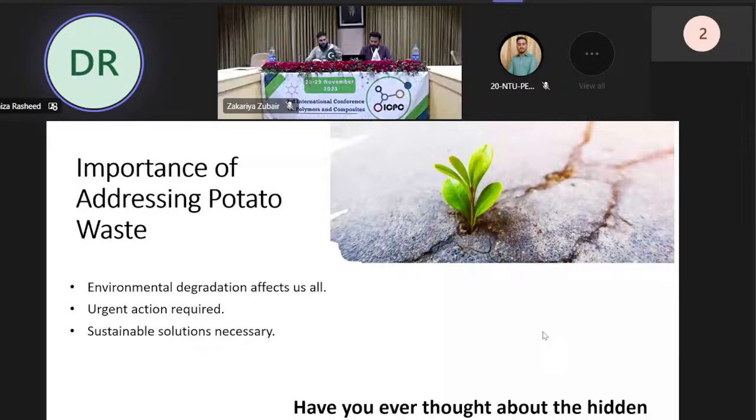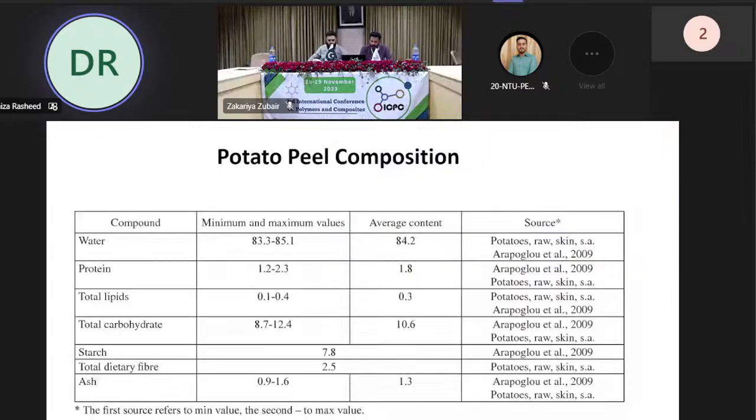The potato peel composition: water is the leading amount, almost 85% in the potato peel. After this, the total carbohydrate or starch content, almost 7.8%, is present in the potato peel.